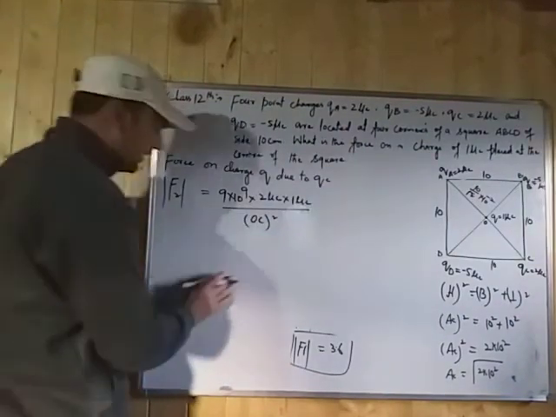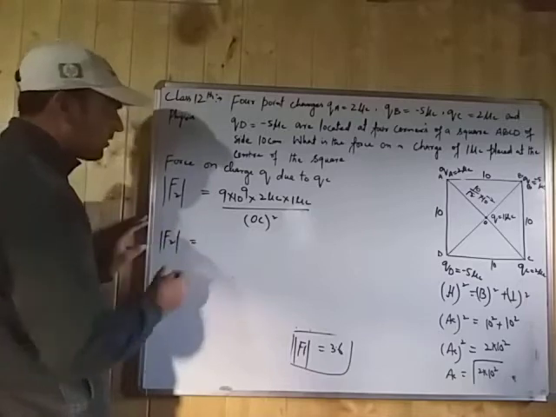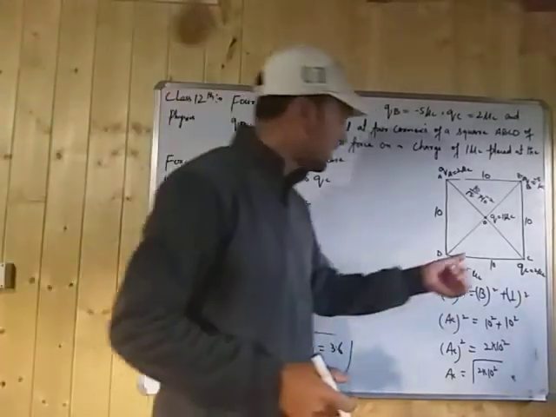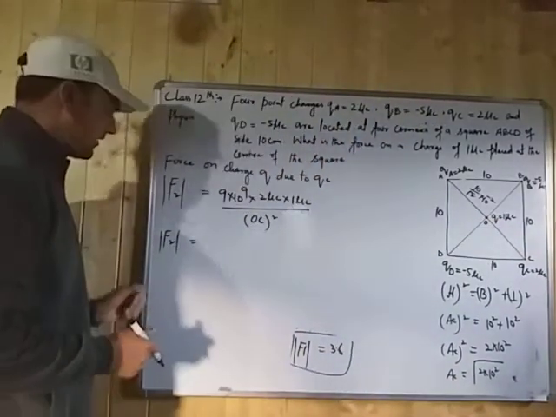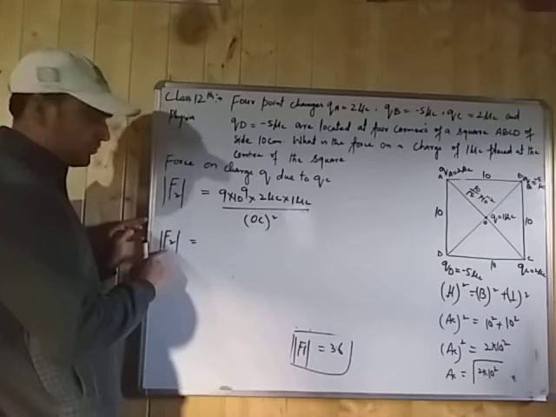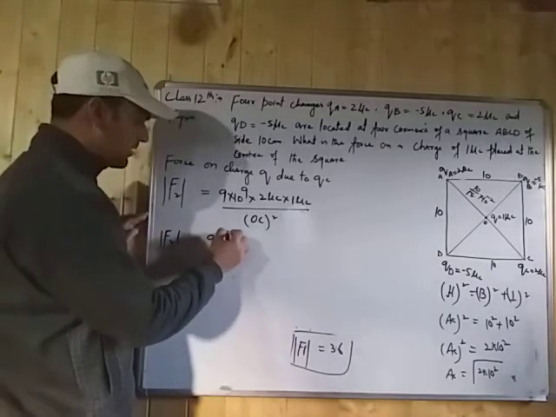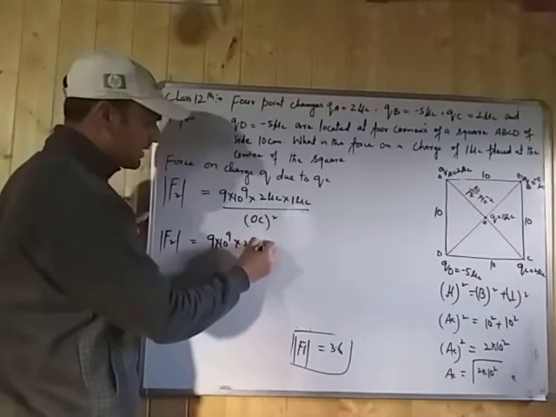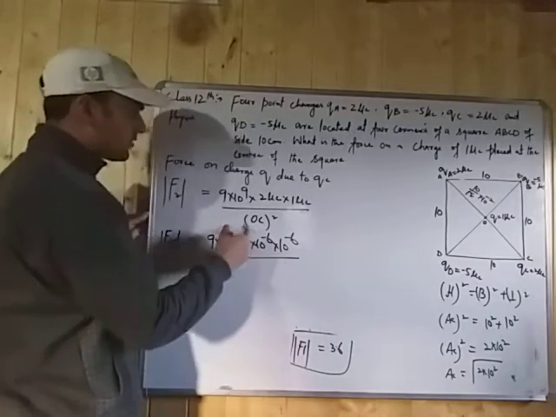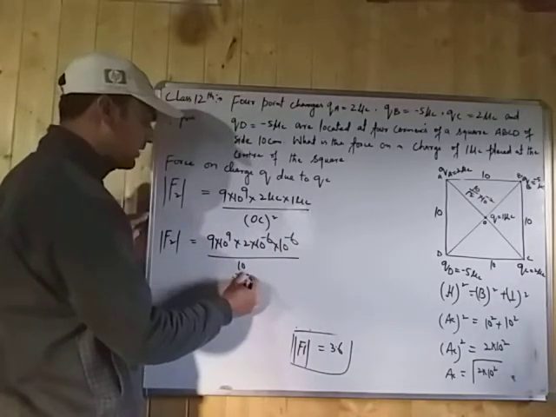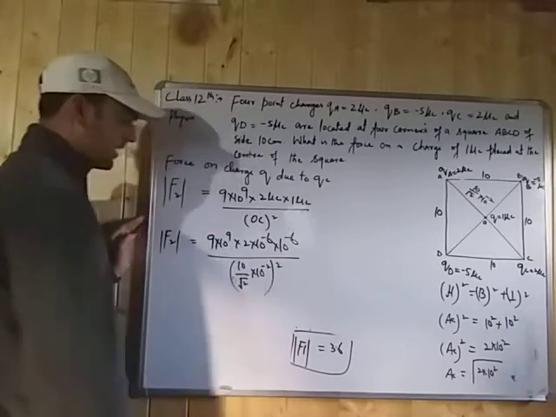So we'll write here F2. The magnitude of force F2 means the force which acts on this charge Q due to this QC. So F2 is equal to 9 into 10 raised to power 9 into 2 into 10 raised to power minus 6 into 10 raised to power minus 6, divided by 10 divided by root 2 into 10 raised to power minus 2, whole square.